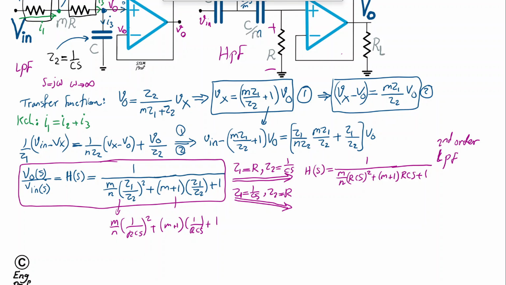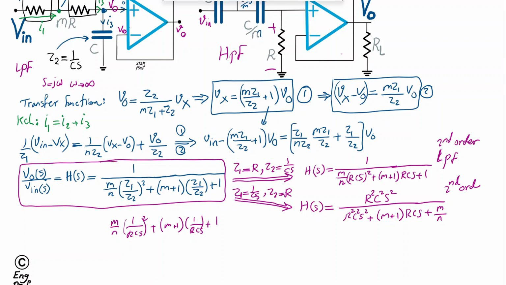When we reshuffle everything properly and clean up, the new transfer function looks like this: R squared C squared S squared over R squared C squared S squared plus m plus 1 RCS plus m over n. This is clearly a second order high pass filter.